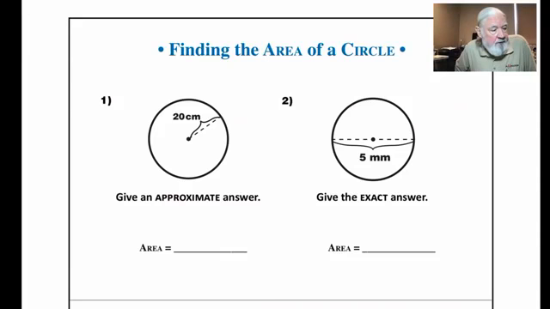Okay, so let's take a look now at these two questions. The first one asks for an approximate answer. Would someone like to work this out and pop it in the chat box? That would be very cool. I can't quite see the whole chat box here. Give me a second. There we go. 300, good. Okay, so this circle with a radius of 28 centimeters, what's the area here?